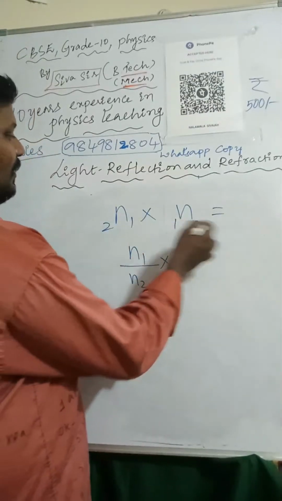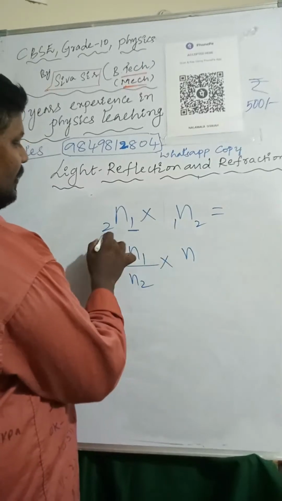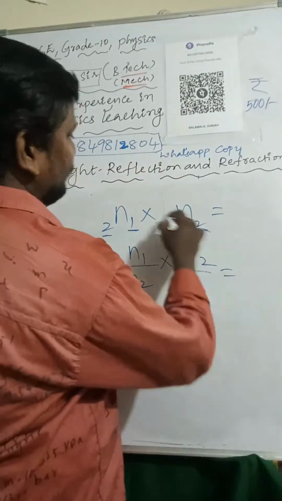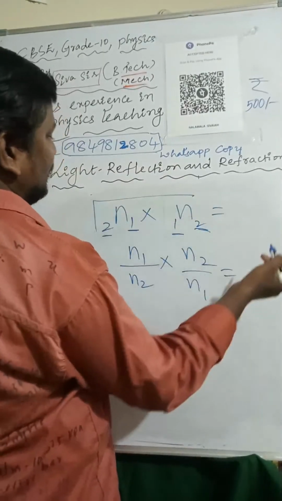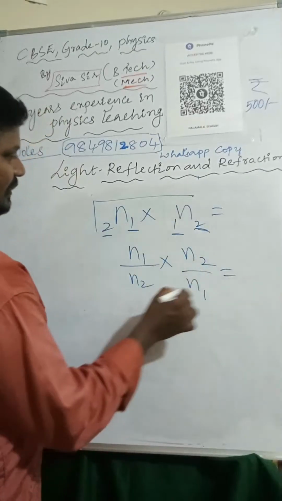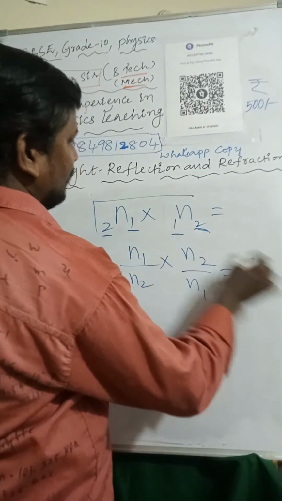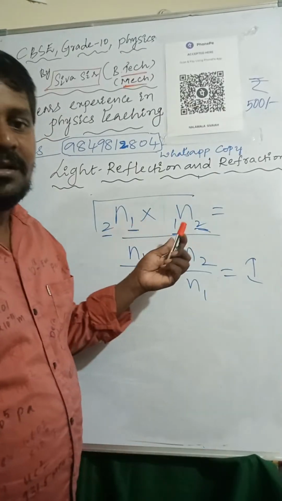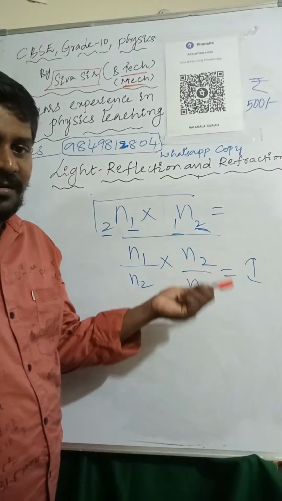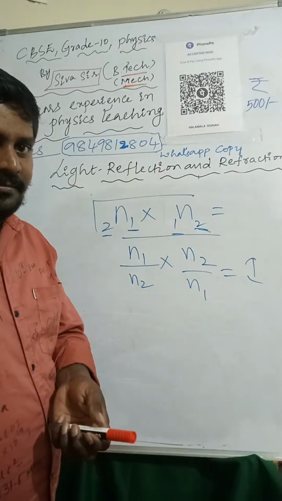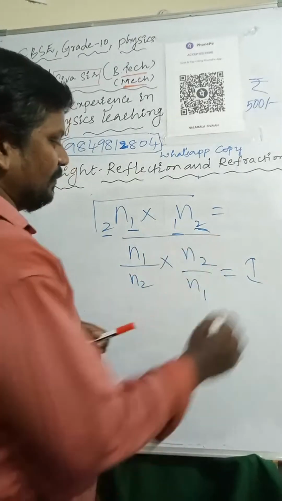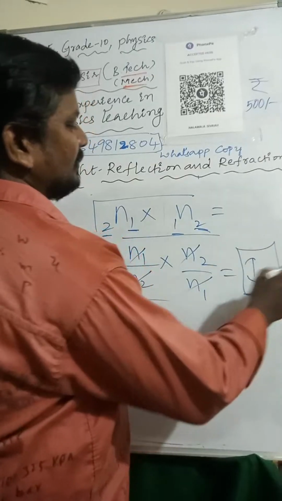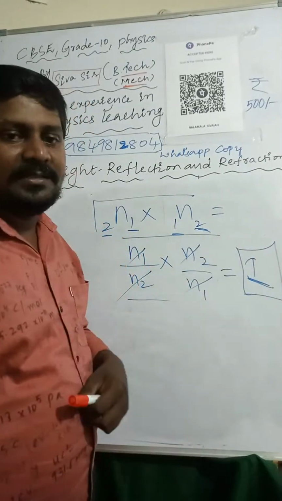But if you reverse 1 and 2, so here is 1, here is 2, here is 2, here is 1, then you will get 1. If you take n1 squared, n2 squared, like that you will get a whole square, nothing else. But in this case, this gets cancelled, this gets cancelled, so you will get the answer.